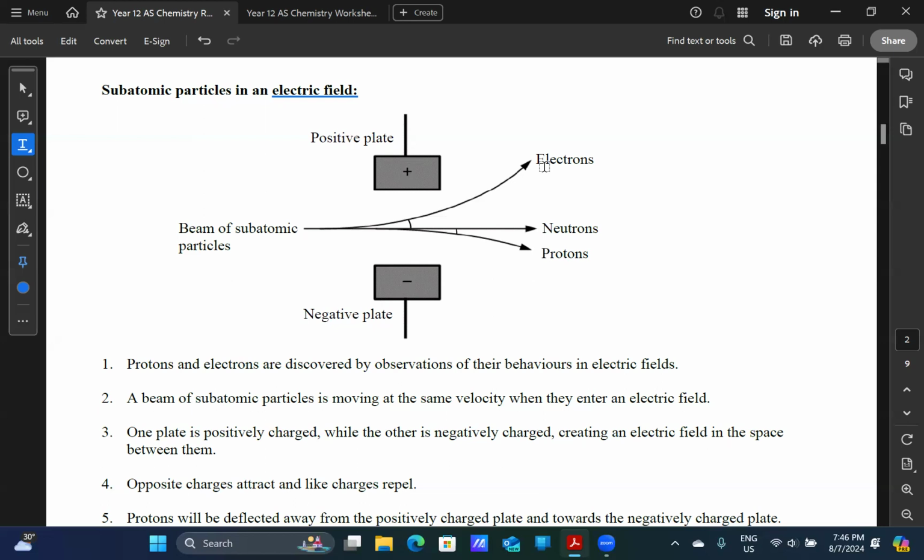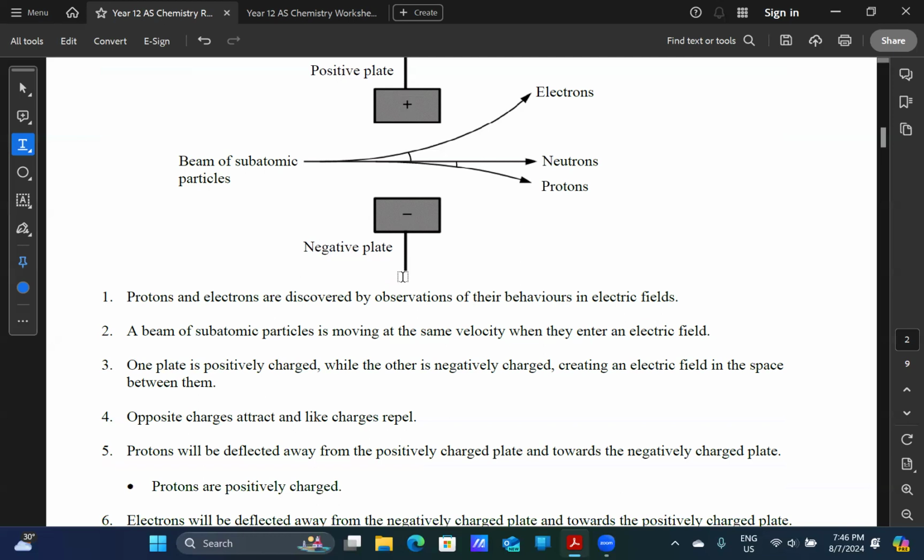Diffracted toward or away from the positive plate? From your observation, you should be able to tell me that electrons are diffracted toward the positive plate, and away from the negative plate, because it's very clear.